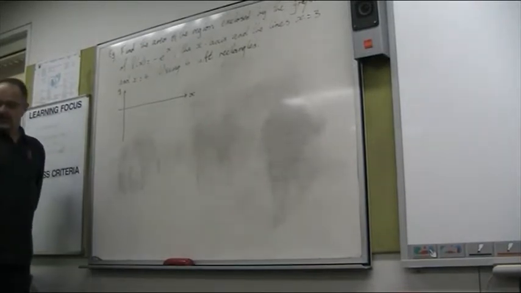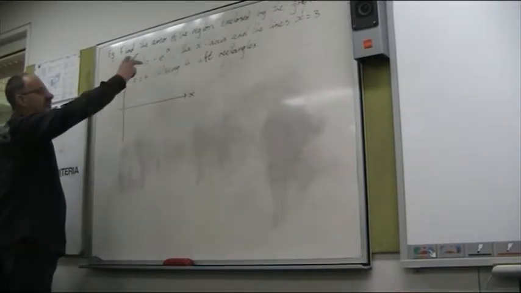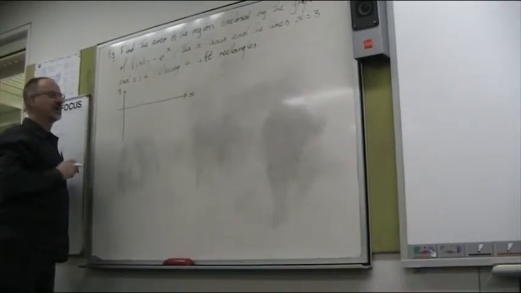Alright, looking at the question, it says find the area of the region enclosed by the graph of f(x) equals negative e to the x, the x-axis, and the lines x equals 3 and x equals 5, using 4 left rectangles. So, first of all, let's do a bit of a sketch. What's the graph of negative e to the x look like?